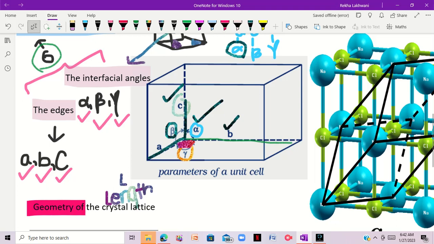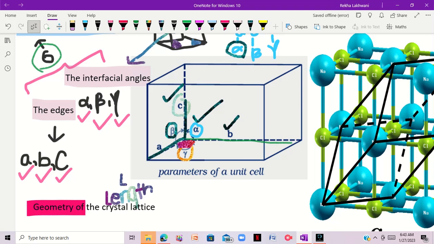As I defined in my previous video, the crystal lattice is basically the repetition of these unit cells. So the basic unit of the crystal and the unit cell are the same. These parameters tell us the geometry of the unit cell, and ultimately we get the geometry of the whole crystal.